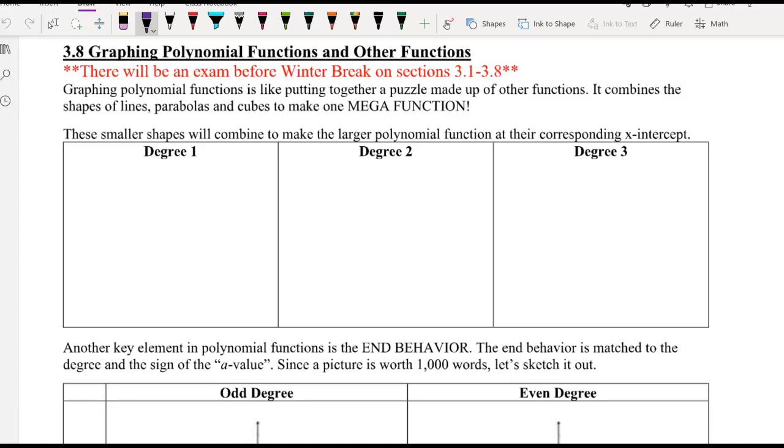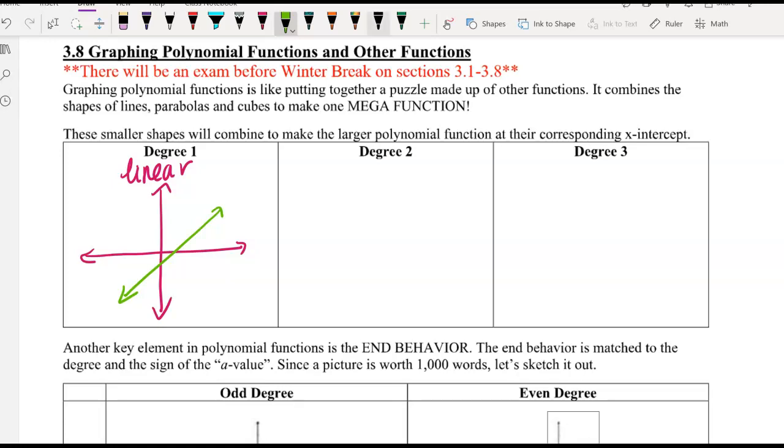If you guys remember, a degree of 1 is going to be a linear. So a linear function is going to be a line, just like this. It can be positive, it can be negative, but just like that. Now a degree of 2 is going to be a quadratic. A quadratic is going to be a U shape.